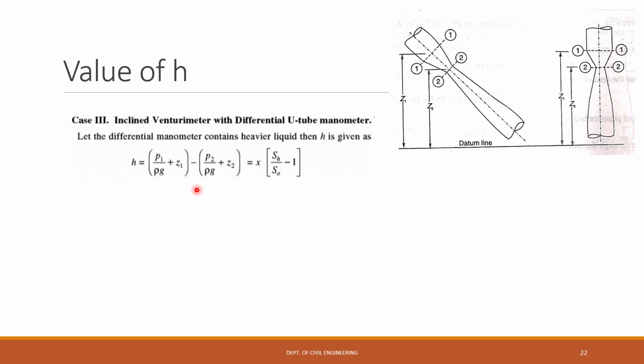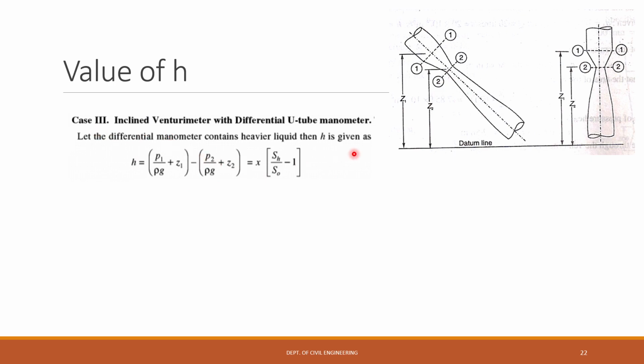One equation is H is equal to (P1 by rho g plus Z1) minus (P2 by rho g plus Z2). Another equation is H is equal to x into (SH by SO minus 1). This one was seen in the previous case also. So these two equations can be used in case 3. So in case 3, what are the two points that you have to consider?